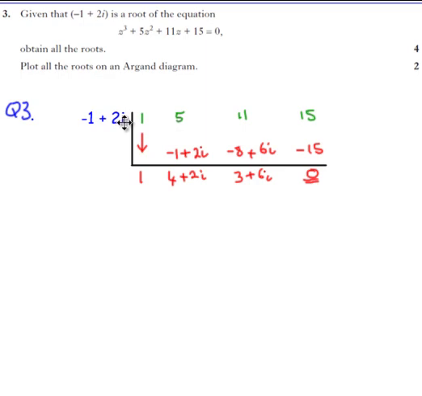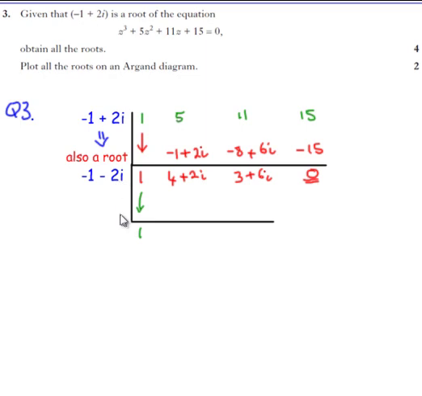Now because minus 1 plus 2i is a root, then the conjugate of that will also be a root. Minus 1 minus 2i. So we can now do a synthetic division by minus 1 minus 2i into this part here. We've already taken out the first root. So doing synthetic division, we bring down the 1 first of all.